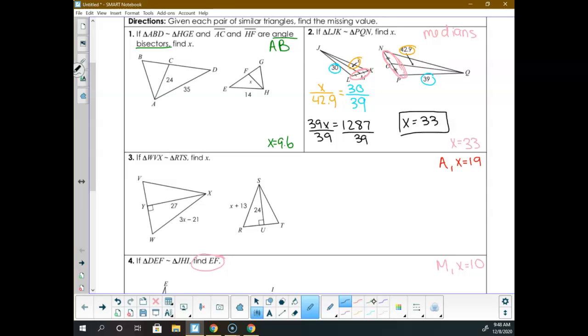Gotcha. So when it comes to number 1, we're dealing with angle bisectors again. All right, so whenever you're looking at the angle bisector, it's always 24 over X equals, and then you pick the outsides here and here, 35 over 14.